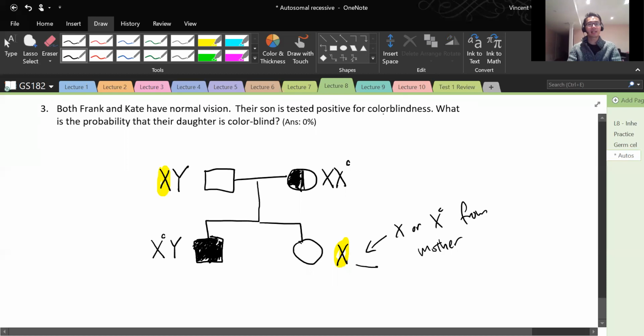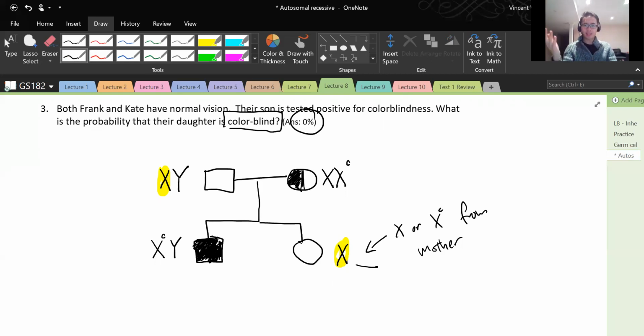The question is asking, what is the probability that their daughter is colorblind? Whether she's a carrier or not, she will not be colorblind. So the probability of their daughter being colorblind is 0%. No need to test her. Does that make sense? Any question?